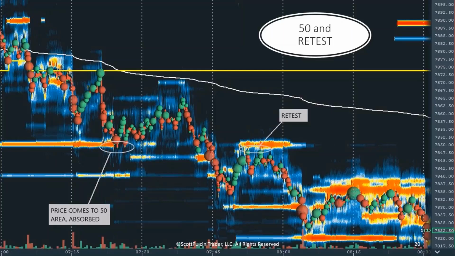So those 50s and round numbers are really important to find setups and look for bigger moves, because sometimes they can be really pivotal for the entire day. Those are like the two most important levels.